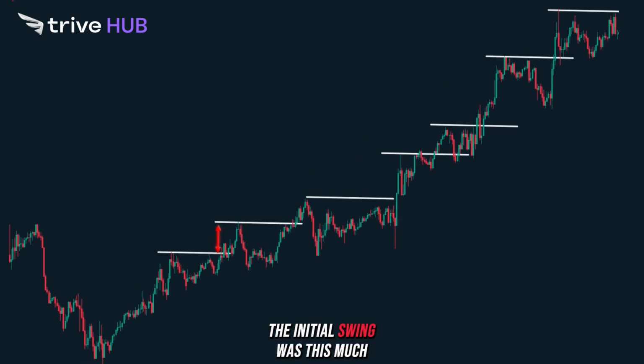Let's take an example and see it on this chart. The initial swing was this much only, then we got some smaller swings, and then the thrust increased, meaning the size in comparison to the last thrust is much higher. So we can expect more upside in the future because the buying strength is increasing in every swing, and this pattern is continuing: the upthrusts are increasing and increasing.